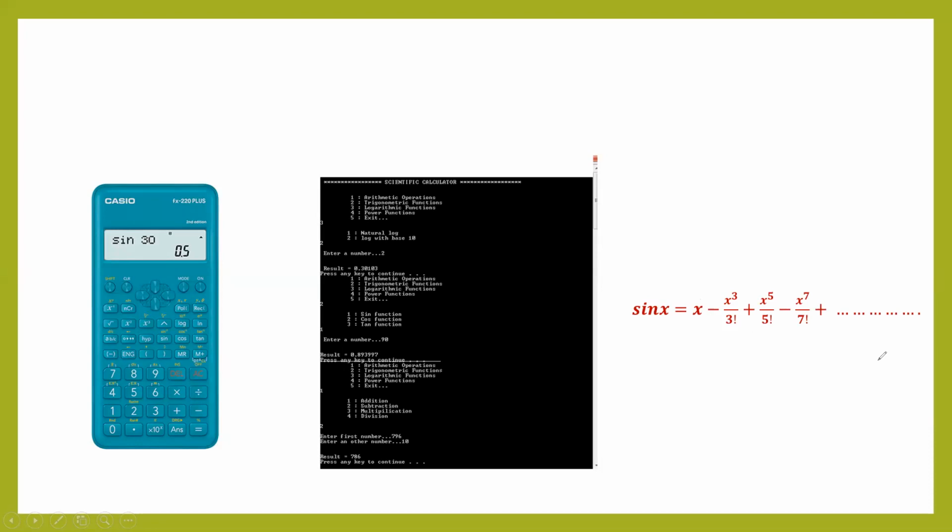Now the next question is how we get this formula, and for this we need our next topic, today's topic, which is expansion of functions.